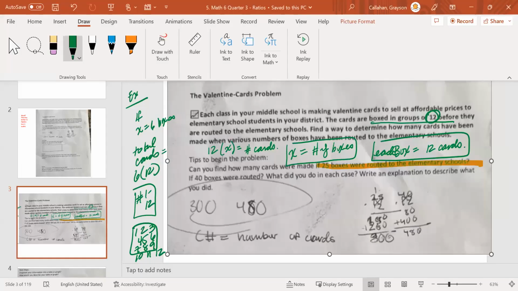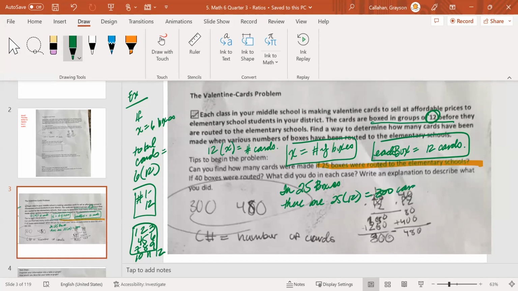So if there are 25 boxes, in 25 boxes, there are, how many again? 300? 300 cards. That's what you need to write down. Then the second part you need to write down.